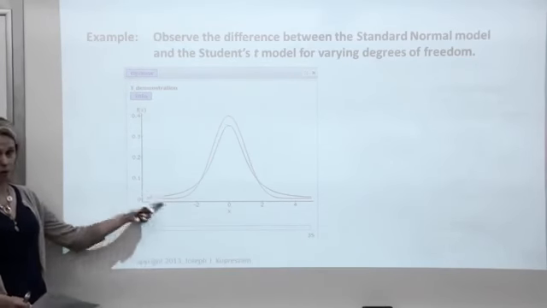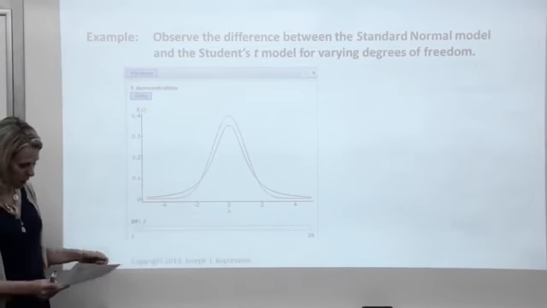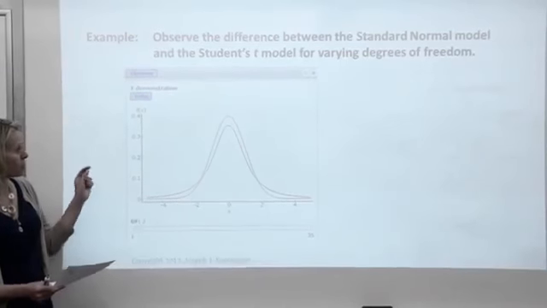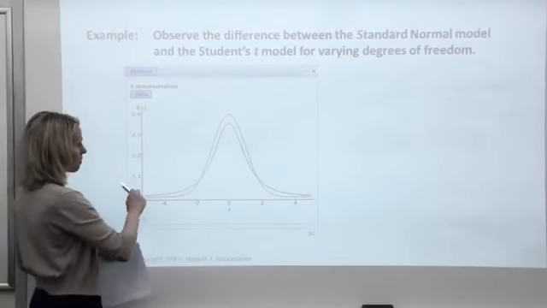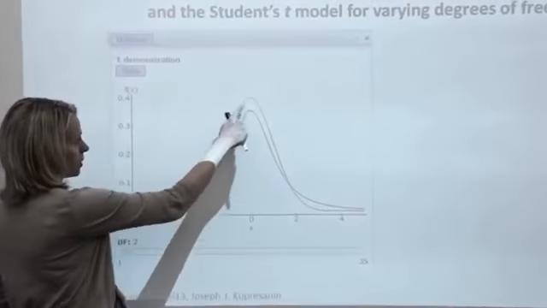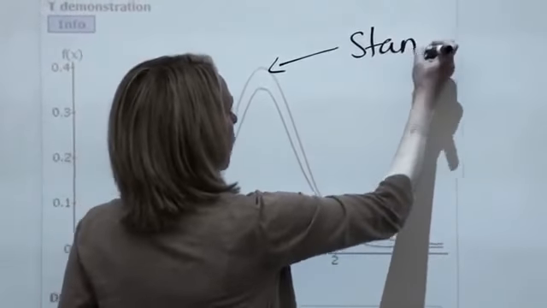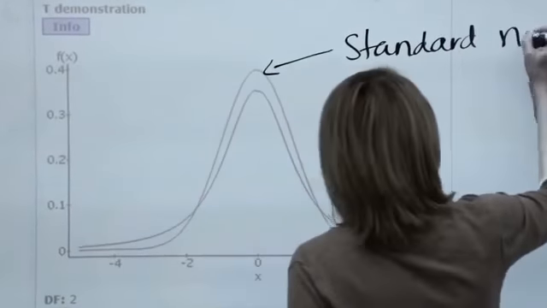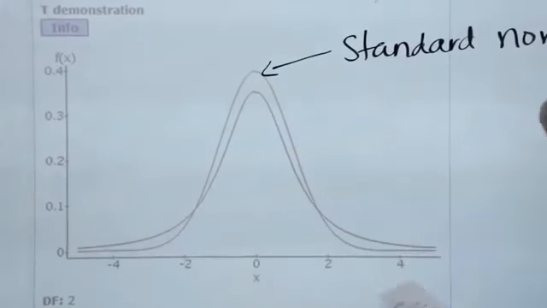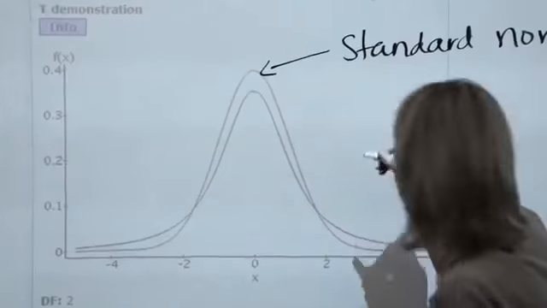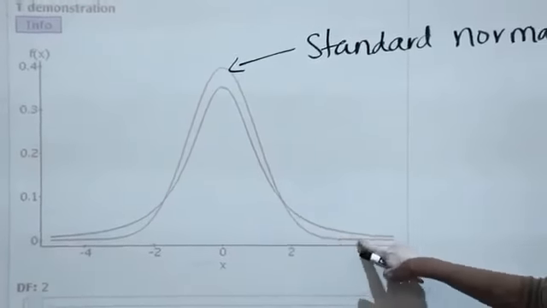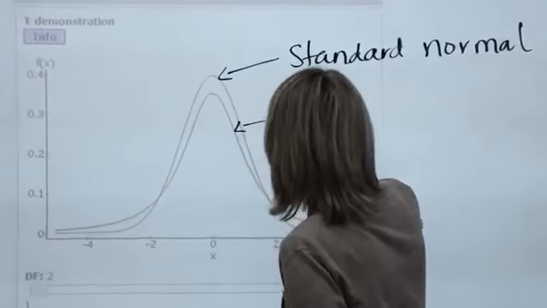You'll notice the degrees of freedom are down here. The standard normal model is the top model. It's on the board here. It's this red one. This is Z. And then this other one here where you have more area out in the tails, this is the student T model.